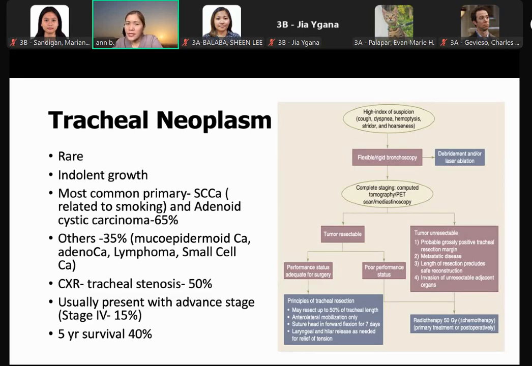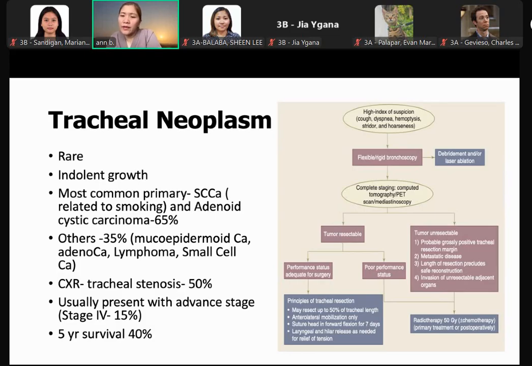You can resect approximately 2 to 4 cm of the length, and if it is beyond that, it cannot be resected. Or invasion of unresectable adjacent organs. If it is adherent to other organs, it is unresectable already.